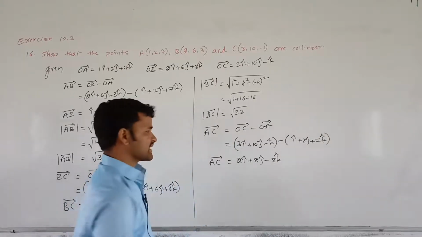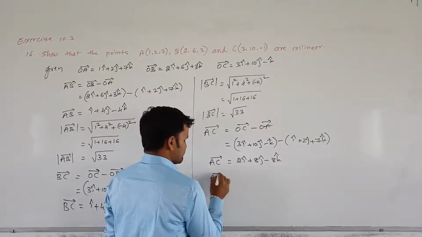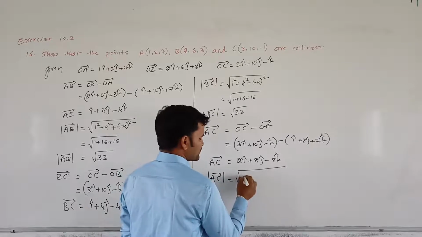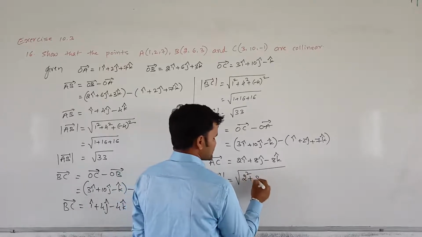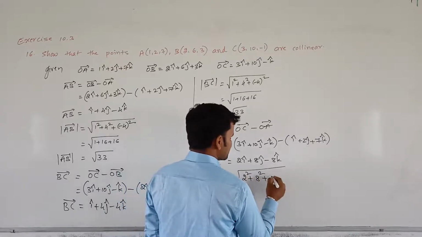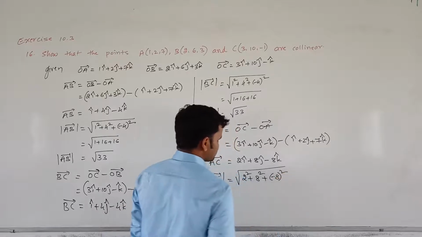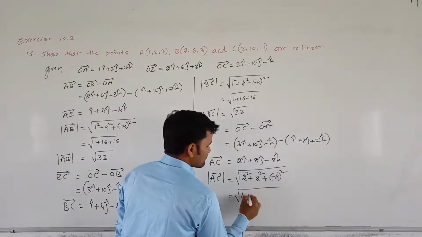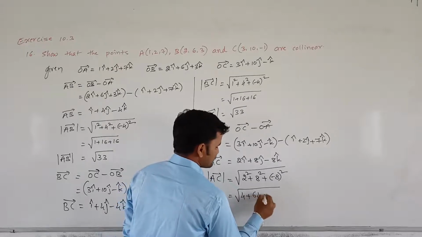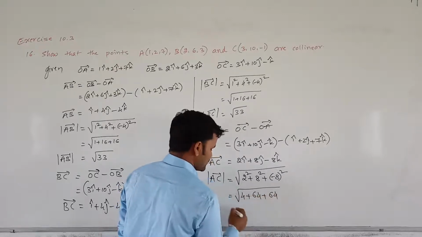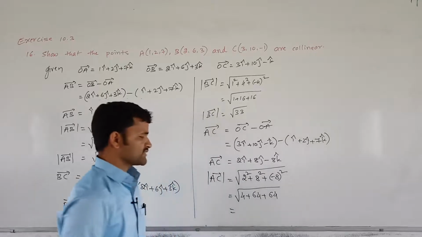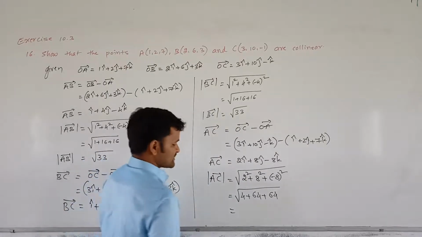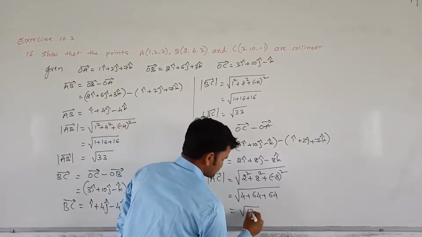Now, the length of vector AC is the magnitude of vector AC. Magnitude of vector AC is the square root of 2 square plus 8 square plus minus 8 square. This is square root of 4 plus 64 plus 64. 64 plus 64 is 128, 128 plus 4 is 132.